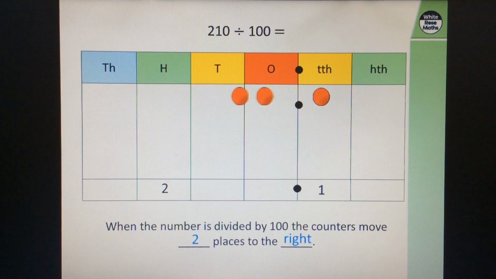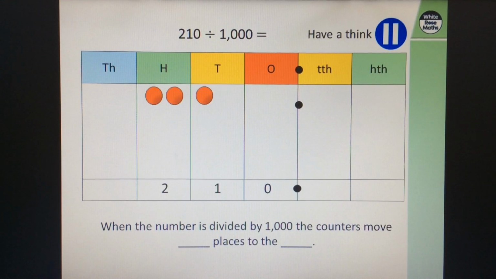Then we can move the hundreds to the ones column. Okay, 2 places. And we can see that the decimal point stays in the same place. And our answer is then 2.1. We don't need to put 2.10 because the 0 in the hundredths column doesn't really show us anything. So our answer would be 2.1. So we've moved all of the digits 2 places to the right and kept the decimal point in the same place.